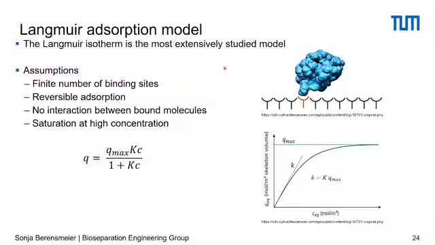The adsorption is reversible, so the molecule binding to the surface is not bound forever, but can be desorbed as well. In Langmuir, we assume that there's no interaction between the bound molecules, so this molecule does not at all impact another molecule binding directly to the left, even if in this graphic it might look as if it were occupying. The Langmuir model assumes that every binding spot is equal and that the molecules do not interact with each other, do not prohibit other molecules from binding beside them.